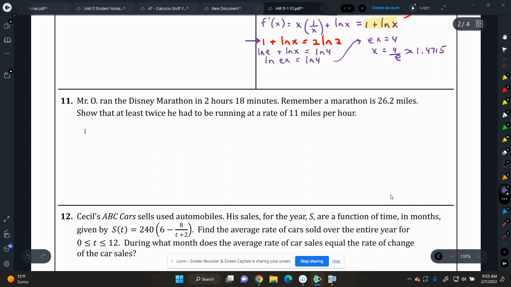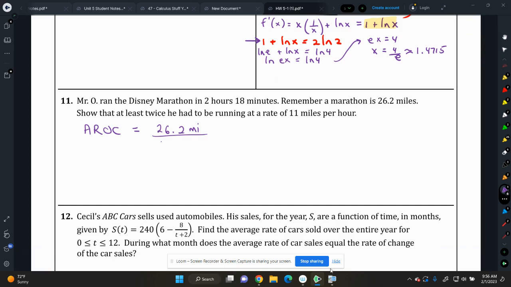So my average rate of change is 26.2 miles in 2 hours, 18 minutes.